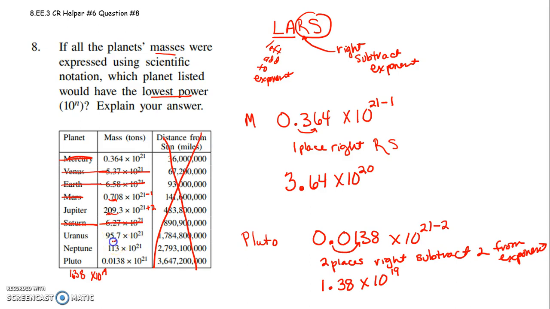Right here, if I'm going left 1 place, left add, I'd add 1. This one right here, I'd have to go left 2 places. I'd actually have to add 2. So definitely in scientific notation, we can tell Pluto has the mass with the smallest power. That's only 19. I thought it was going to be Pluto anyway. For some reason, when I think of the planets, I think Pluto has the smallest mass, and obviously it does.